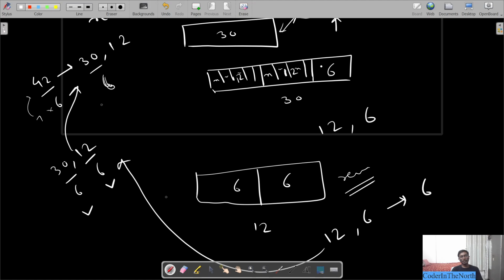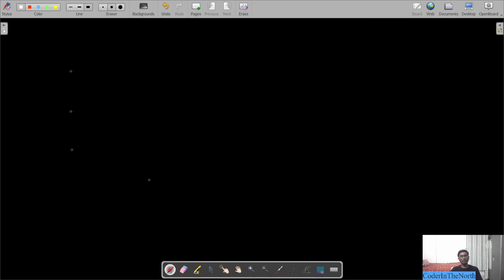Now with this algorithm, what did we find out? That 6 is the GCD of 42 and 30. So what we did here, we had some bigger block. Whenever I get numbers a comma b, one will be smaller and one will be bigger.